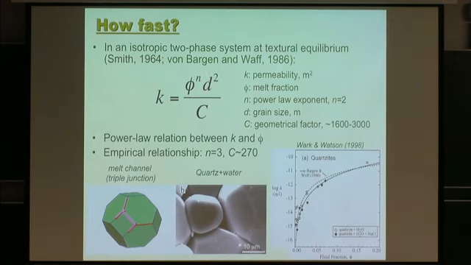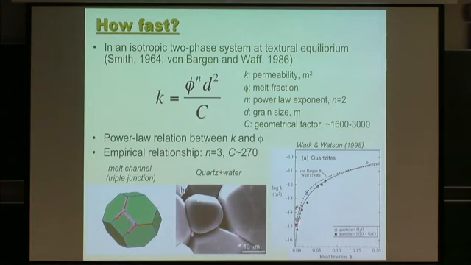Later on, based on experimental works and other observations, for example, in analog systems, this is the work done by Wark and Watson using quartz and water, and they can basically reproduce some of the power-law relations.